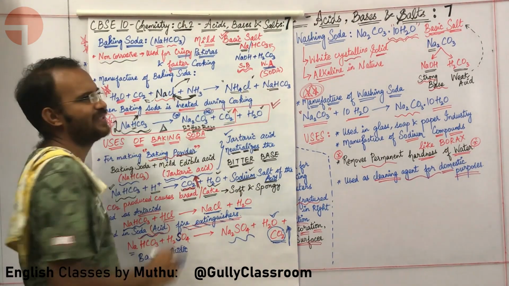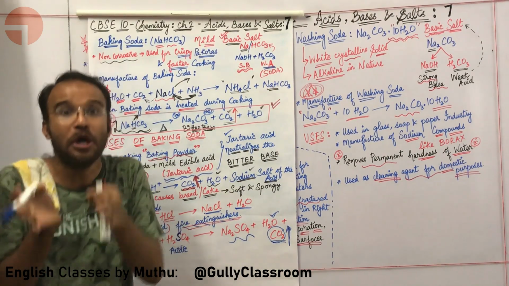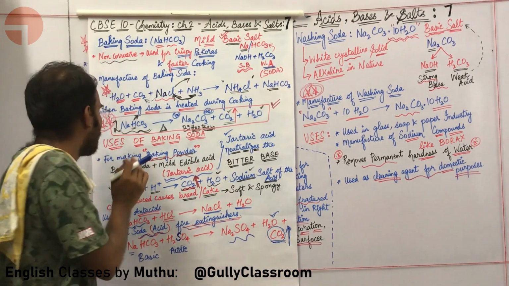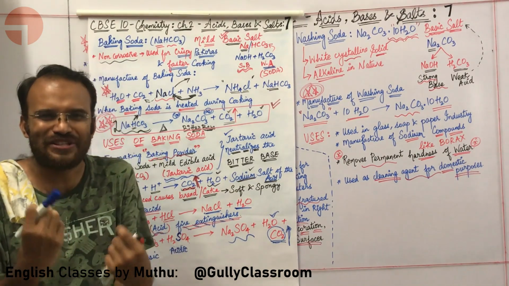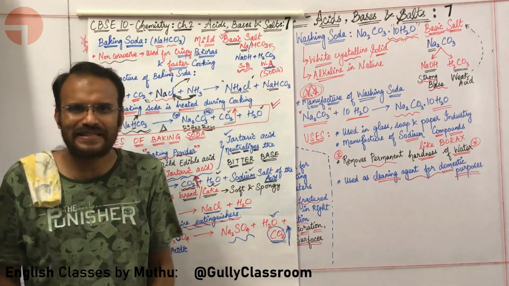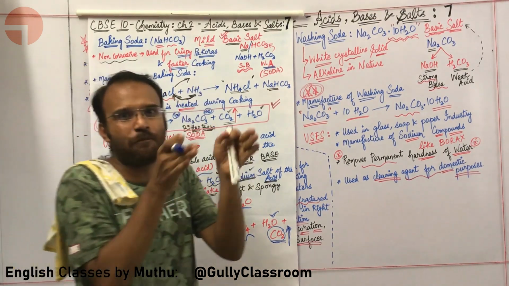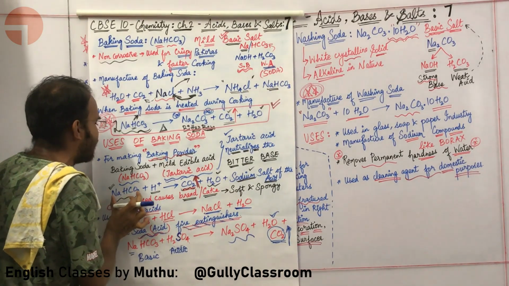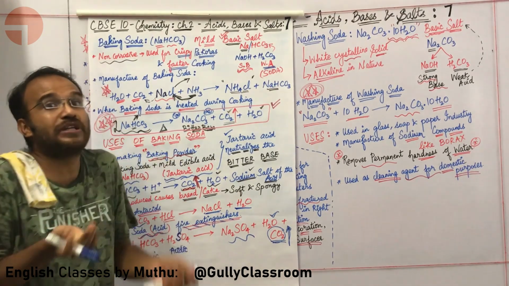Baking soda is bitter in taste, blue in universal indicator, and baking soda is a good example for a base. Bases: bitter, blue in universal indicator. Example: baking soda.